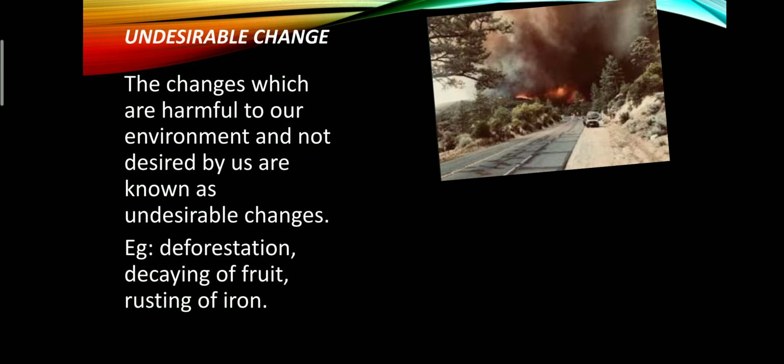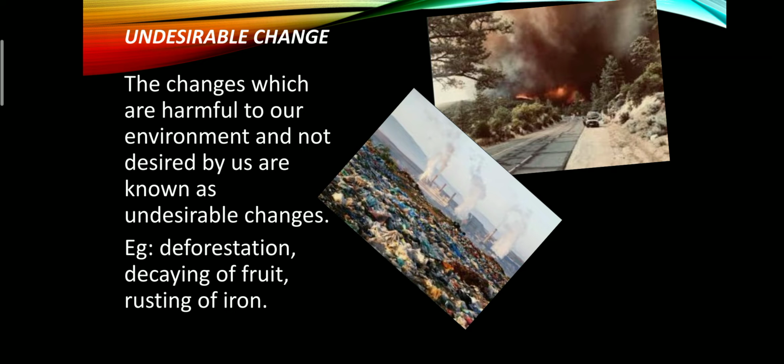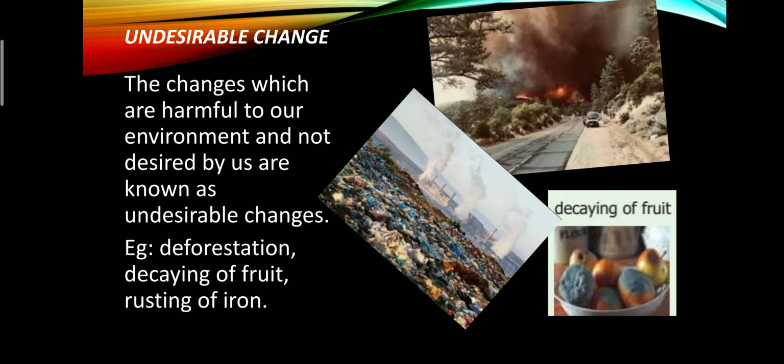So forest fire, which we don't like, which is harmful to the environment, is an undesirable change. Next, pollution, increase in global warming, which is harmful to environment, is also an undesirable change. Decaying of fruit, which is of no use to us, we are wasting the fruit, so that is an undesirable change.